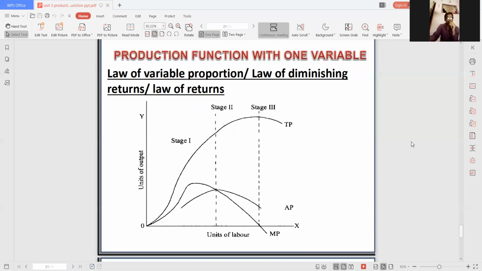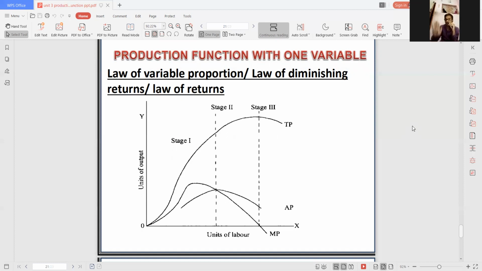Yes, production function with one variable. Already now I explained this phenomenon. So first, at stage one, units of output, units of labor. Here we are going to change only one input factor, that is labor.